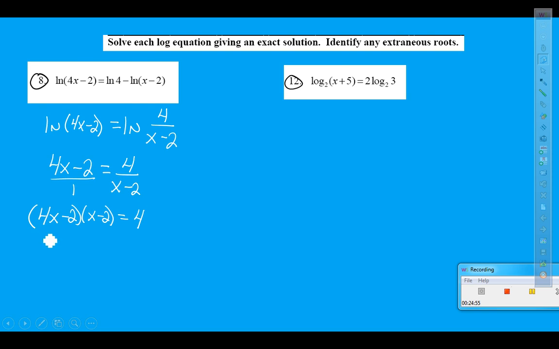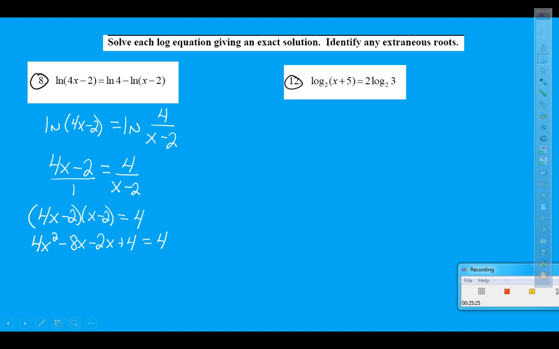You don't get to set 4x minus 2 equal to 4 and x minus 2 equal to 4, because if they both equaled 4, you'd have 4 times 4 is 16. So, way wrong. I'm going to have to FOIL this out. So I've got 4x squared minus 8x minus 2x plus 4 equal 4.